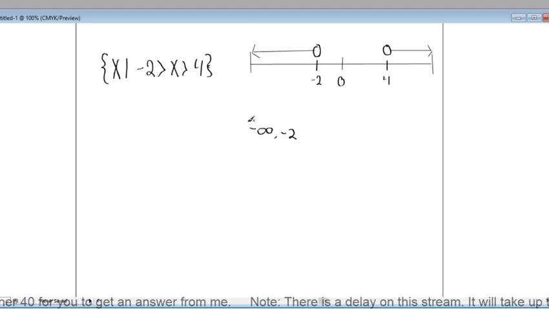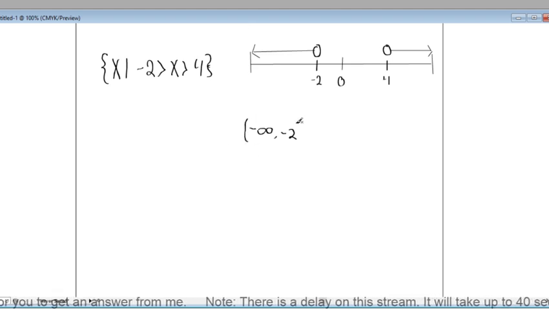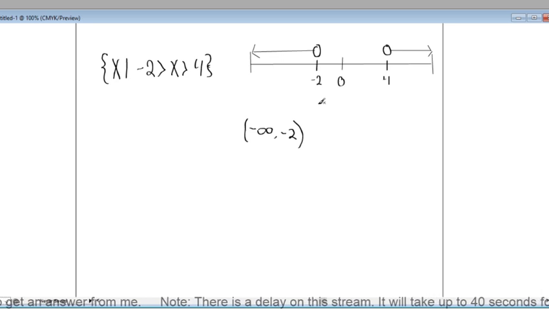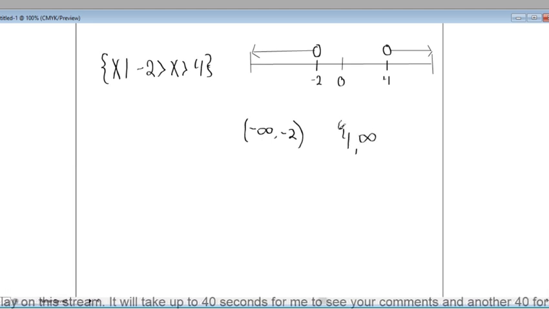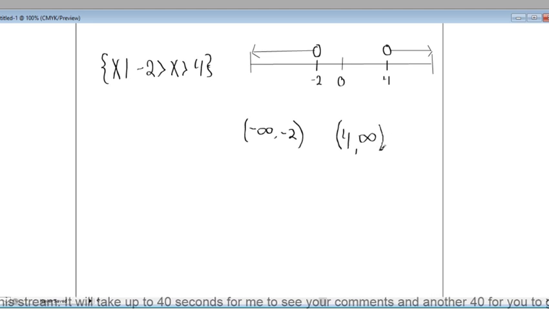Okay, so can't be equal to infinity, can't be equal to -2. Then we have the second line. It starts at 4 and ends in positive infinity. Can't be equal to 4, can't be equal to infinity.